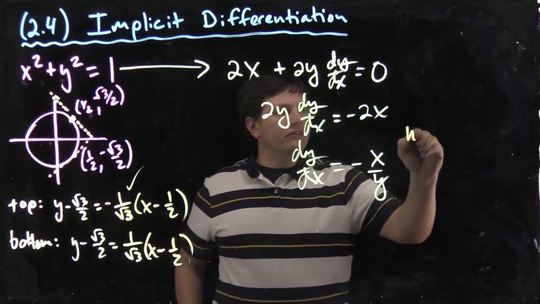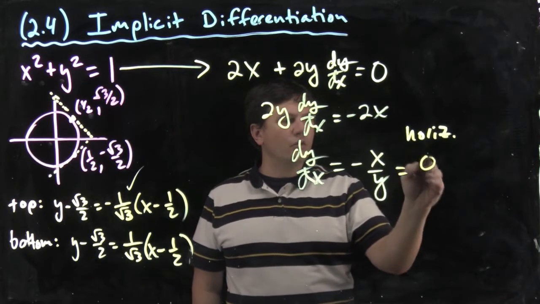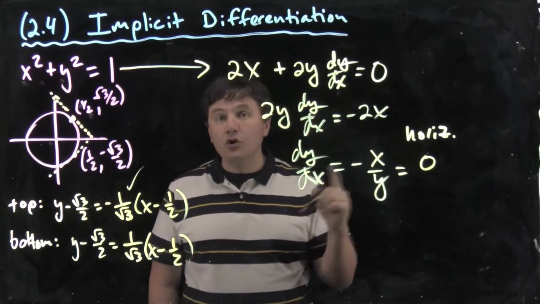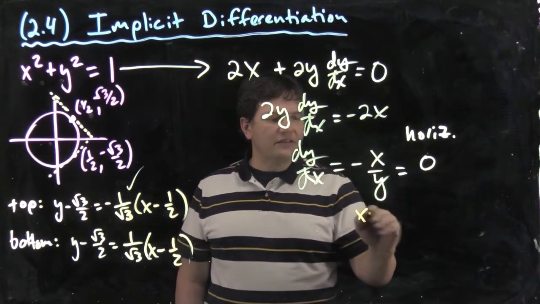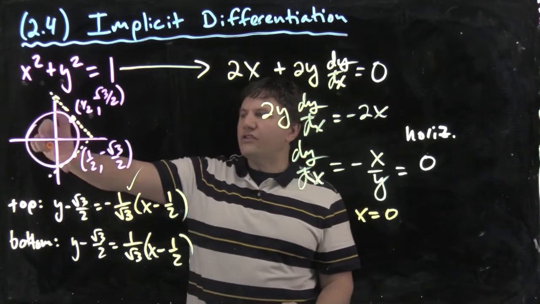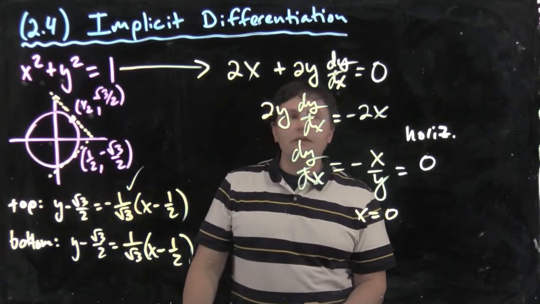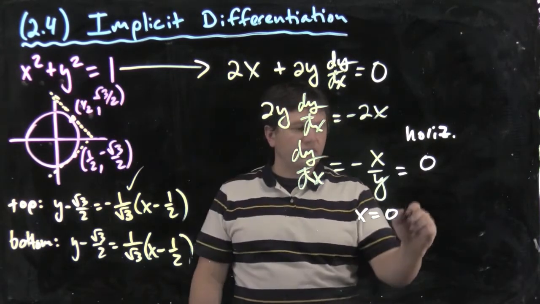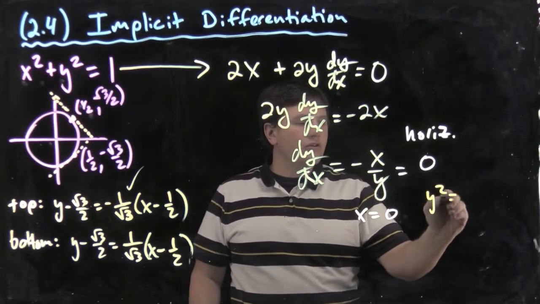So if I have a horizontal tangent, that means that this is equal to 0. Now, if I get a fraction equals 0, what that means is the numerator has to be 0 when the denominator is not. So what that means is x has to be 0. So right away we see that that's what we find there. Now, of course, to get the y, we're going to plug 0 in, and we can see very quickly that if I plug 0 in for x, I get y squared is equal to 1.